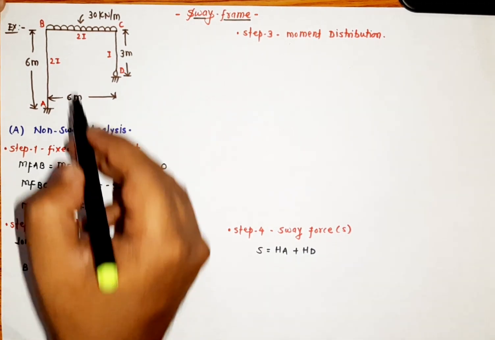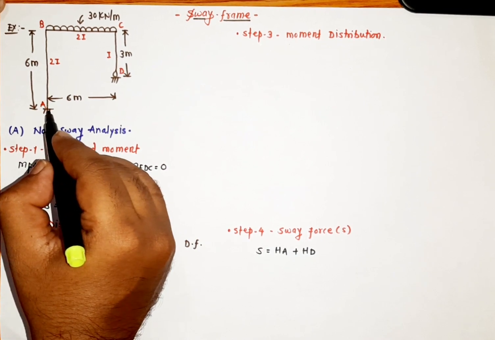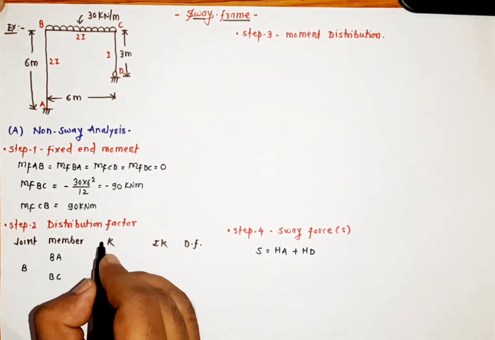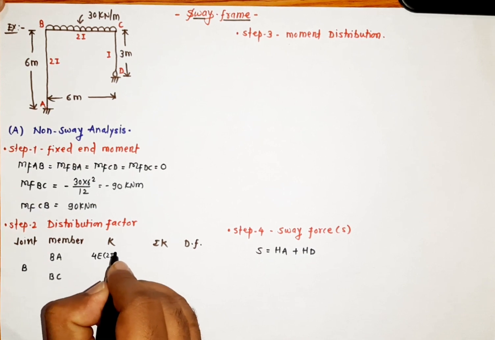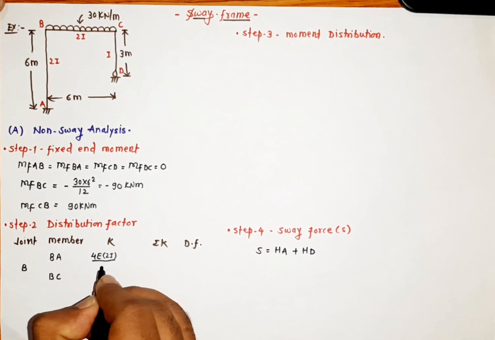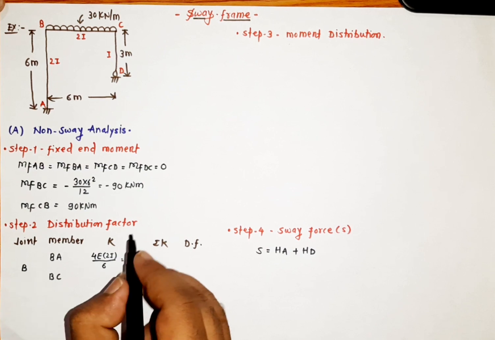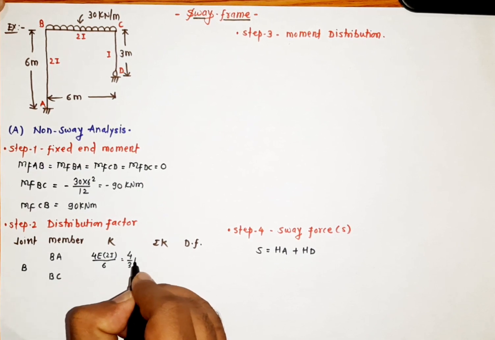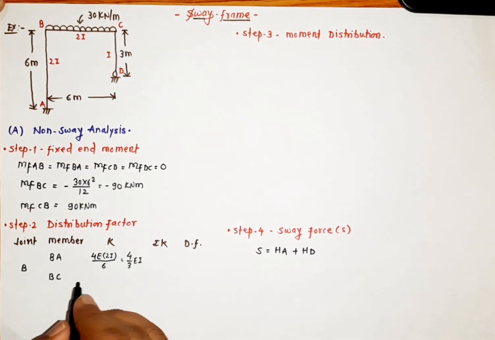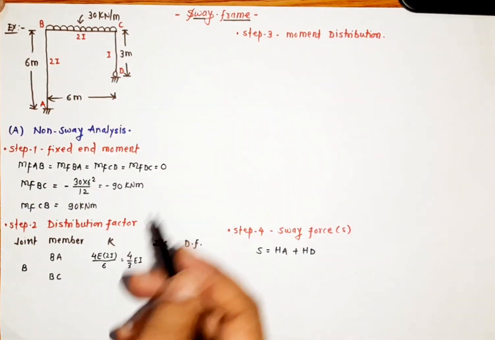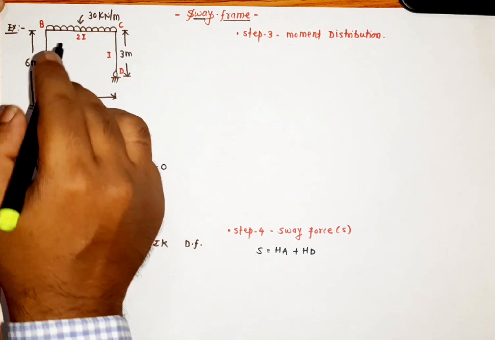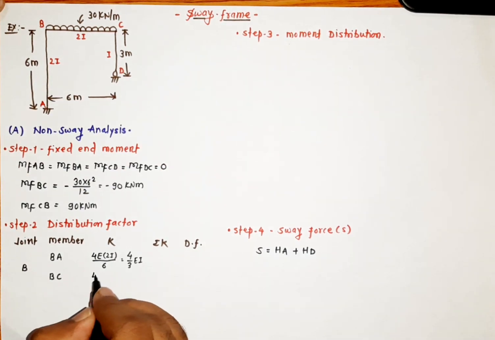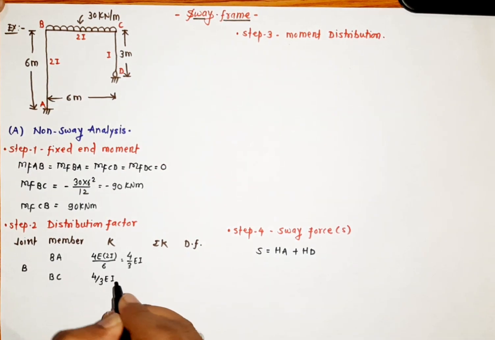For BA, A is the far end which is fixed, so it is 4E into 2I divided by L. L is 6, so ultimately the answer is 4 by 3 EI. Next for BC, both ends are intermediate, so it is again the same, and I is 2I, so it will be 4 by 3 EI.